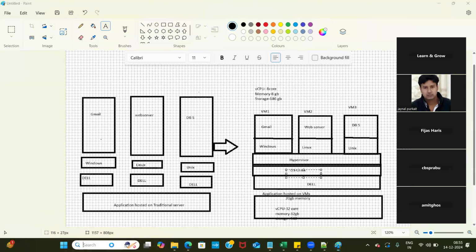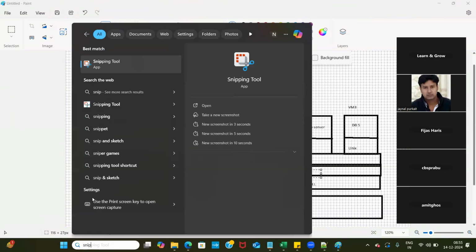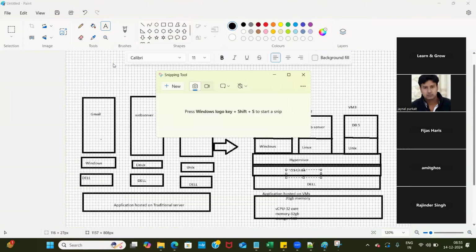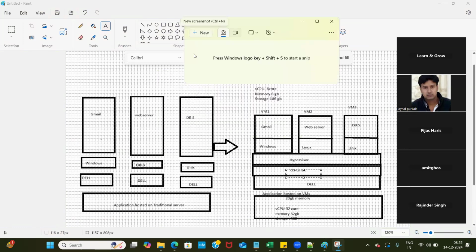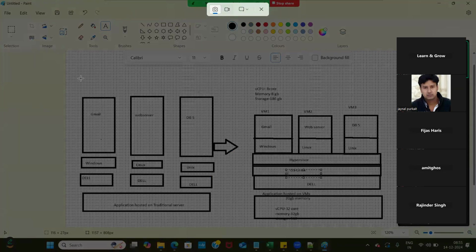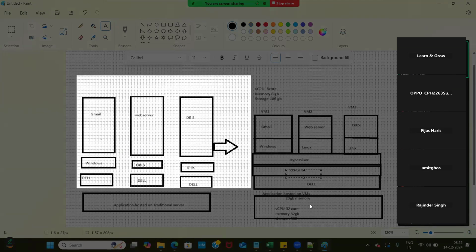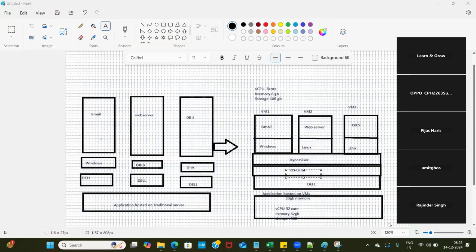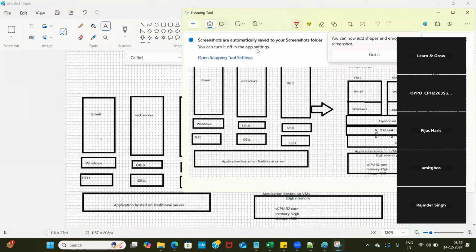Anyone? Docker. Cloud architecture or cloud environment.